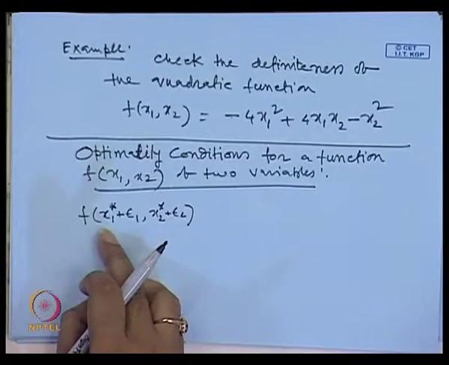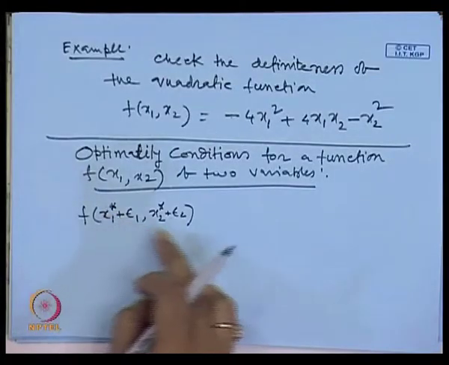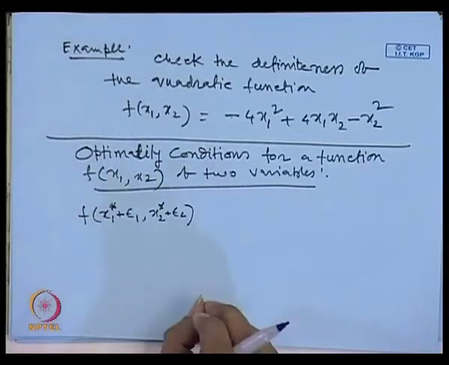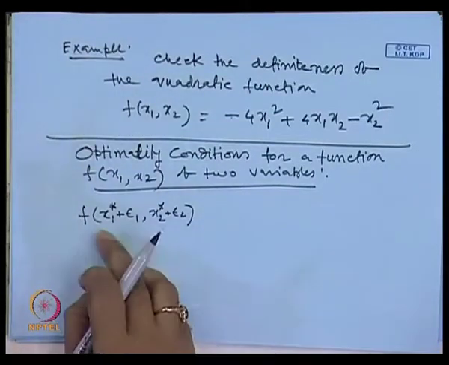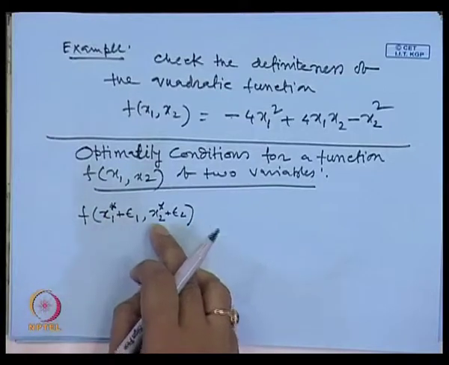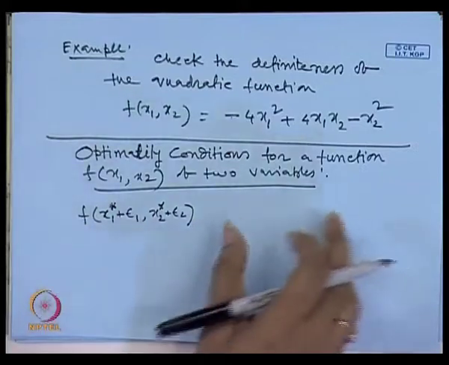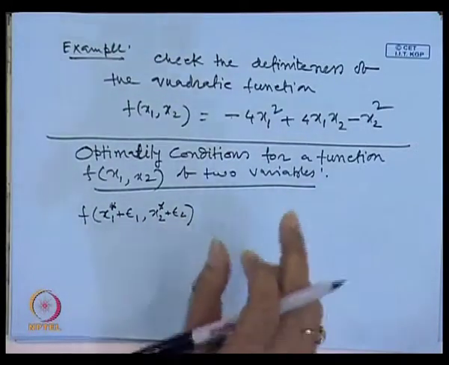Again, let us assume that x1 star and x2 star are the optimal point. That means when x1 is x1 star and x2 is x2 star, we get the optimum value of the function, either minimum or maximum.